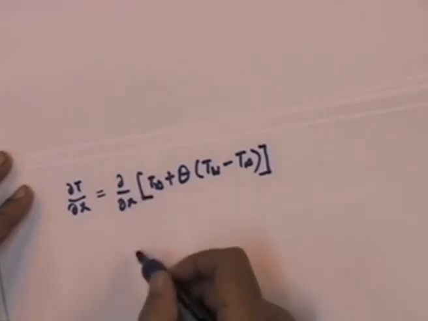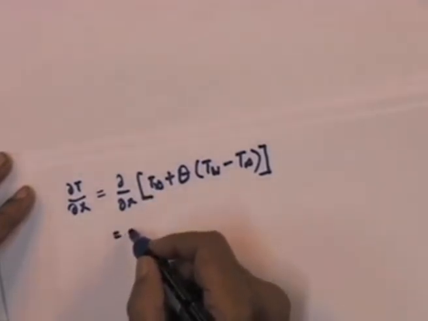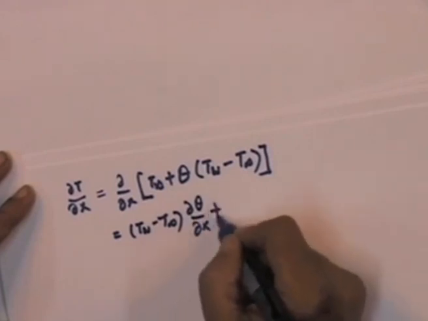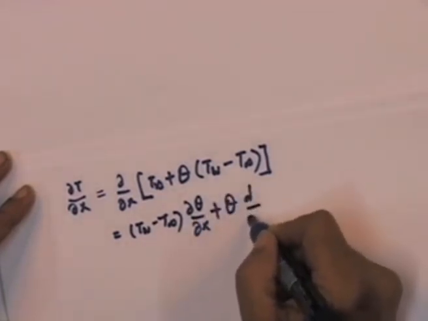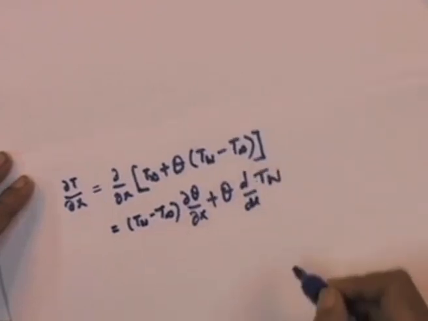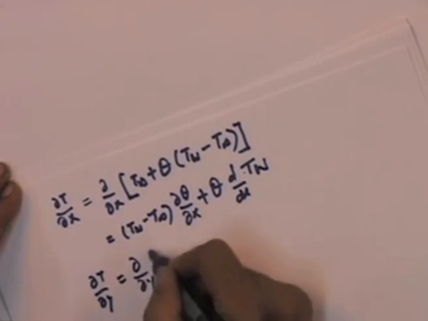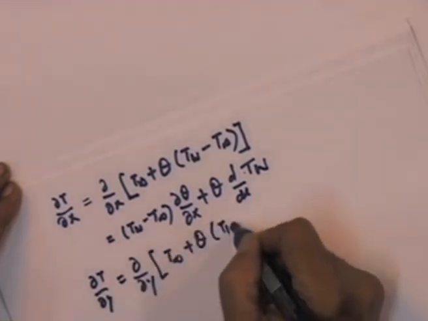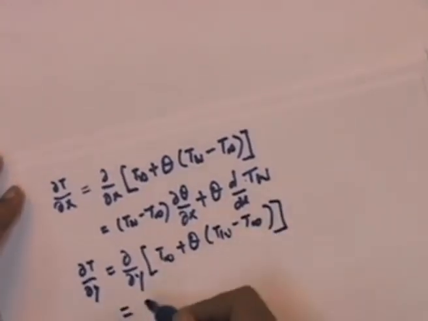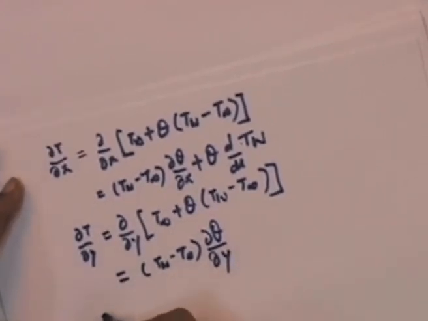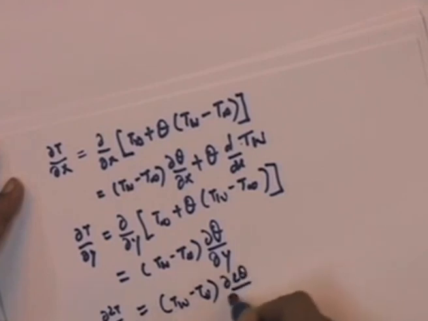Since T infinity is constant, it does not contribute to the derivative, and therefore, I would get T w minus T infinity d theta by dx plus theta into d by dx of T w, because T w is a function of x. dT by dy likewise will be d by dy of T infinity plus theta into T w minus T infinity, and that would simply reduce to T w minus T infinity d theta by dy, and likewise d2T by dy square will simply reduce to T w minus T infinity d2 theta by dy square.